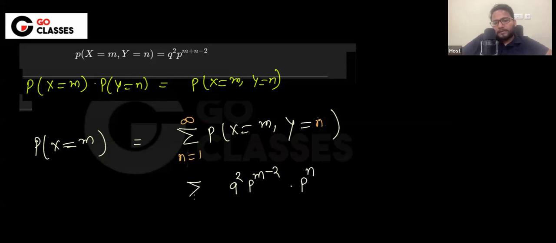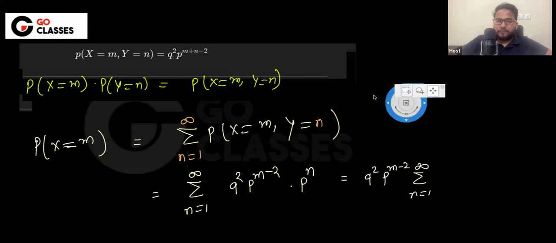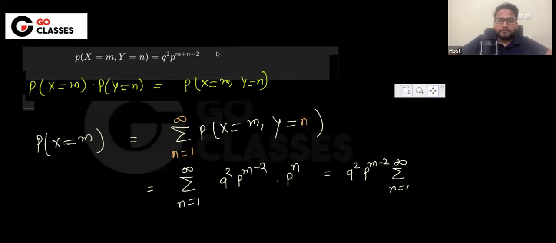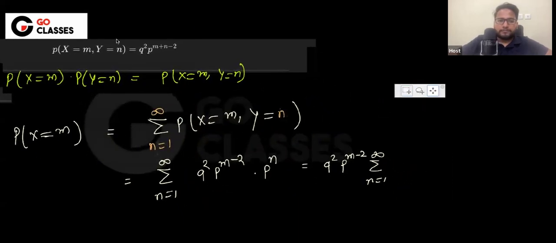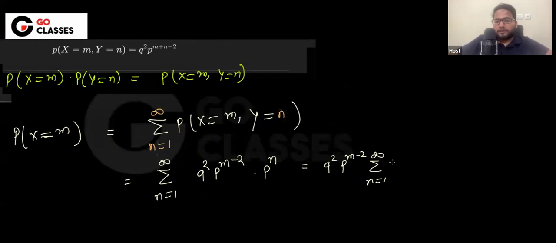Can I write like this? Okay. So q square into p power m minus 2 is independent of n. So you can take it outside of the summation. Which is now p power n.